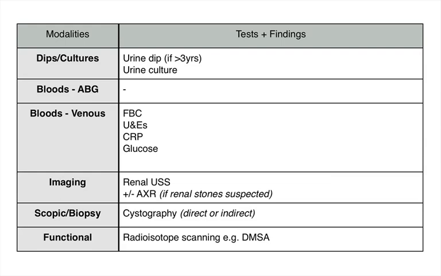The aim of the imaging is to identify structural abnormalities and urinary obstruction, vesicoureteric reflux, and cystography is useful for this, and to look for renal scarring, and DMSA scan is useful for that.